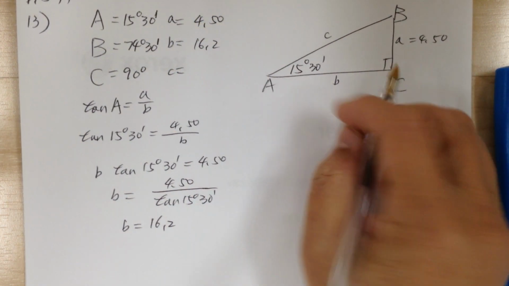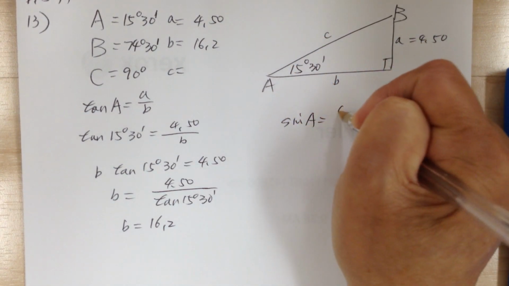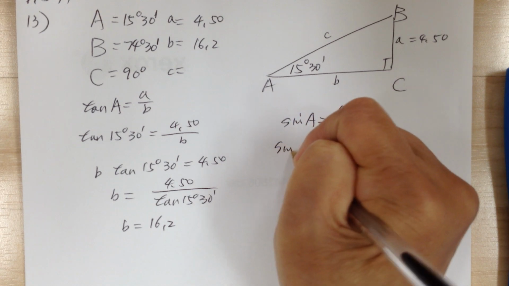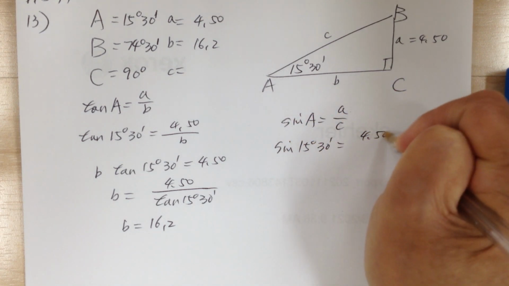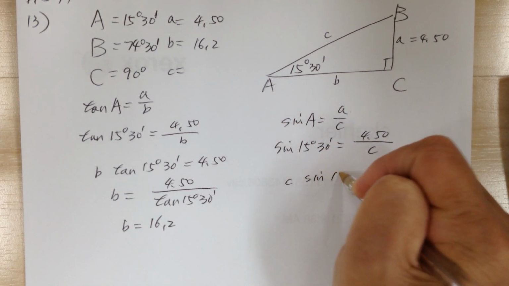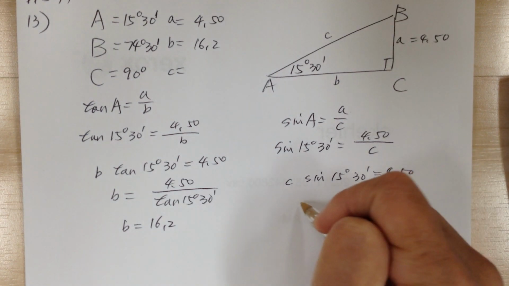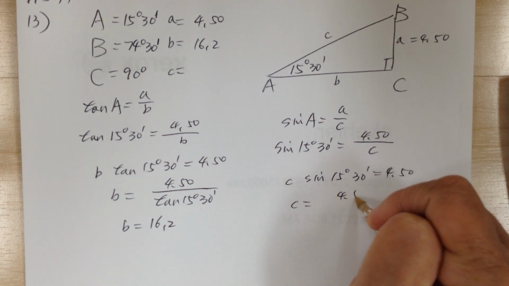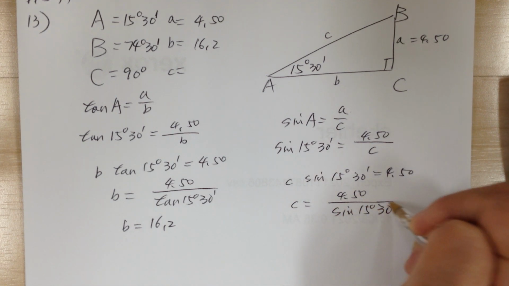And to find C, this would be the sine function. So sine of A equals a over c. So sine of 15 degrees and 30 minutes equals 4.50 over C. So cross multiply. C sine of 15 degrees 30 minutes equals 4.50. Divide. So you got C equals 4.50 divided by sine of 15 degrees and 30 minutes.